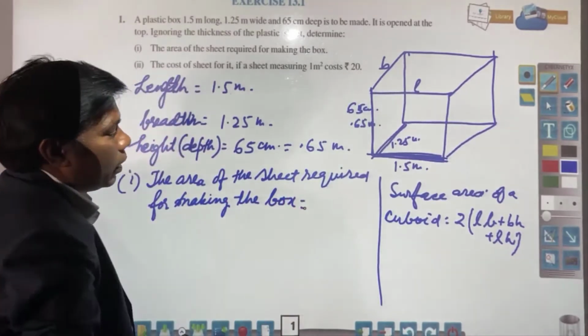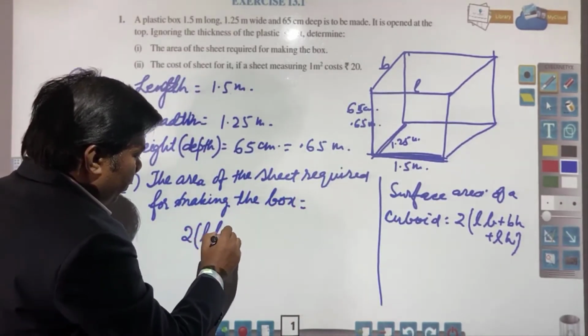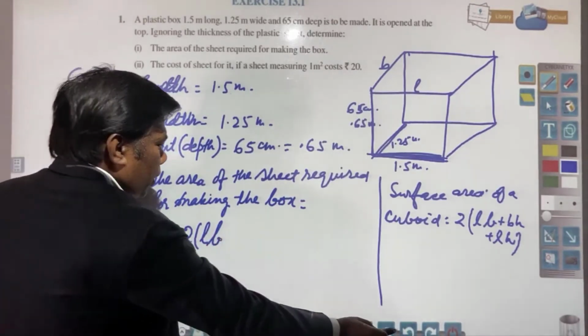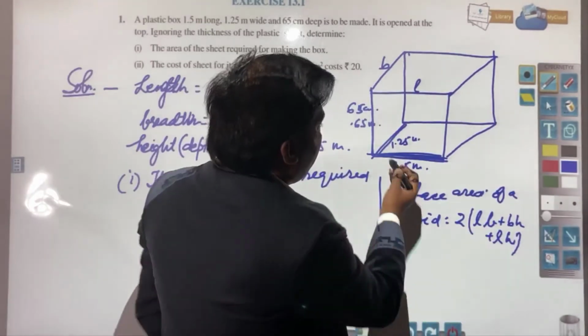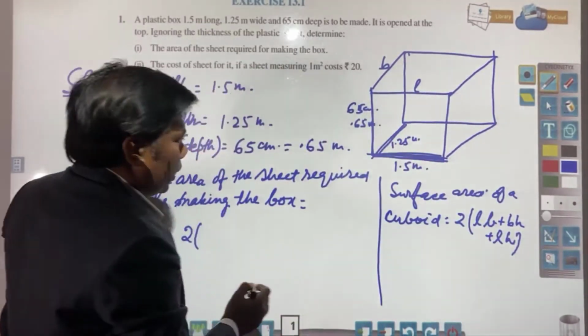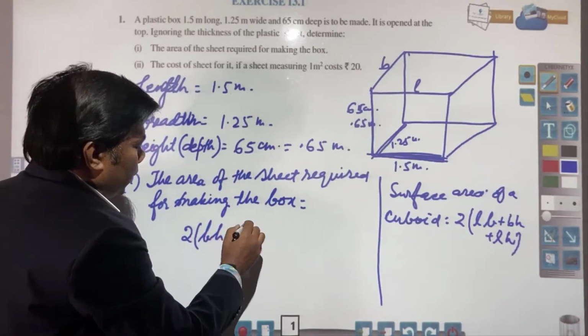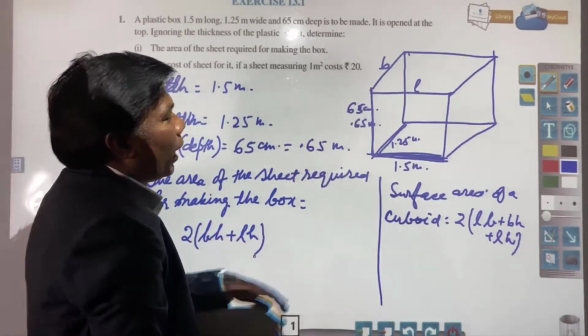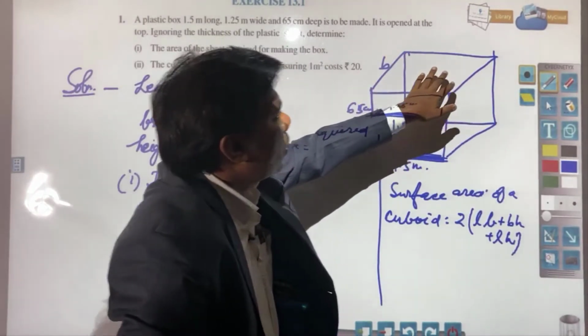It will be what? 2 into L into B. Here it will be L into B you leave, because L into B you have one time only. So the rest of the things you write: BH plus LH, and one time only LB you will have, because the top is going to be open.